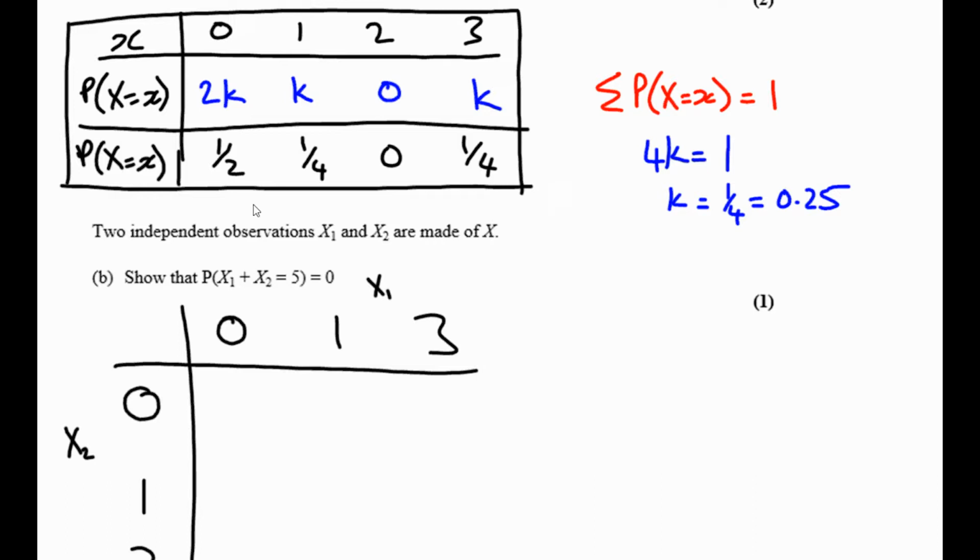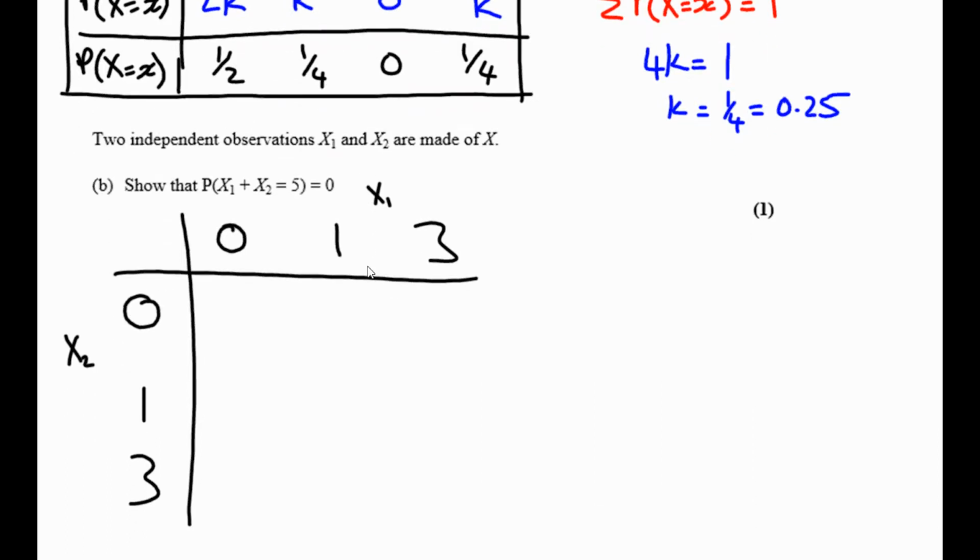Okay, so let's have a think about what the outcomes are going to be. So here I can get a score of 0. Here I get a score of 1. Here I get a score of 3. This would be a score of 1, a score of 2, and a score of 4. And finally, a score of 3, a score of 4, and a score of 6.